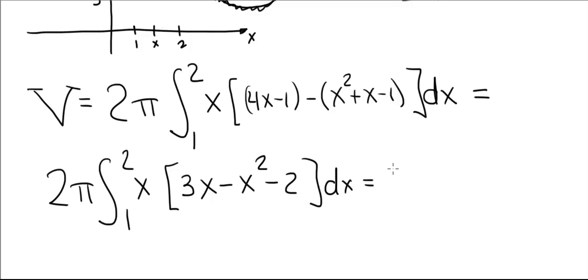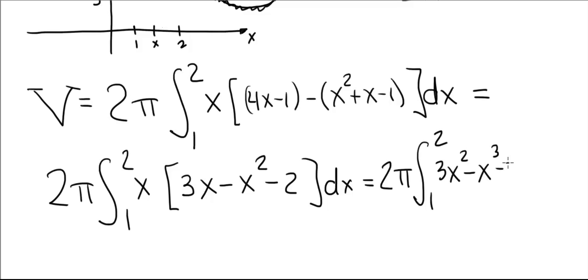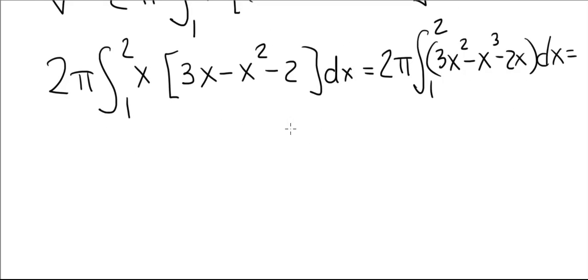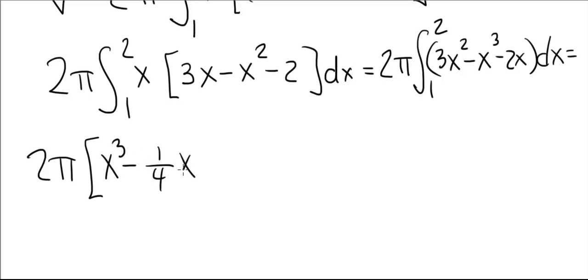If we multiply through, we get 2 pi times the integral from 1 to 2 of 3x squared minus x cubed minus 2x dx. Well, this is an easy integral to evaluate. We have 2 pi times x cubed minus 1 over 4 x to the fourth minus x squared, evaluated from 1 to 2.